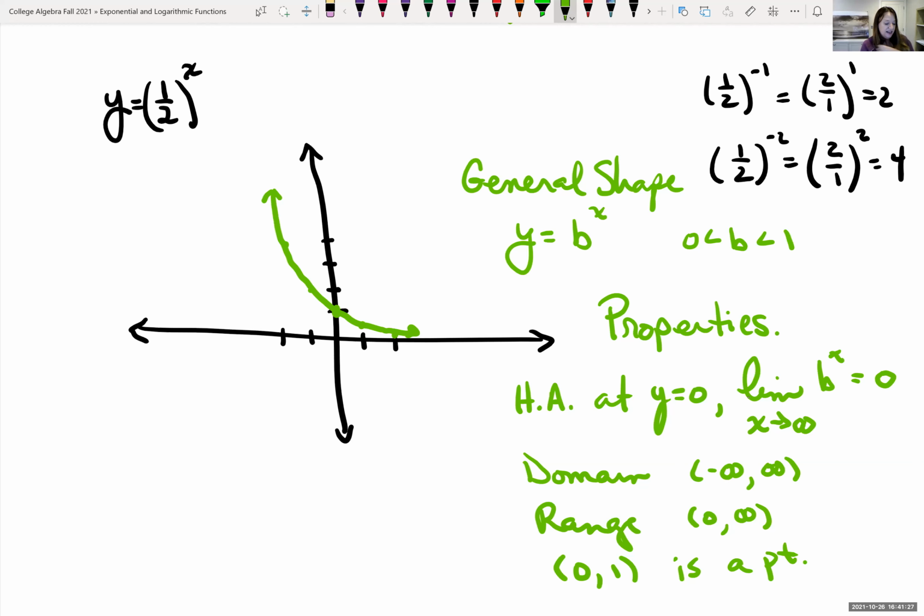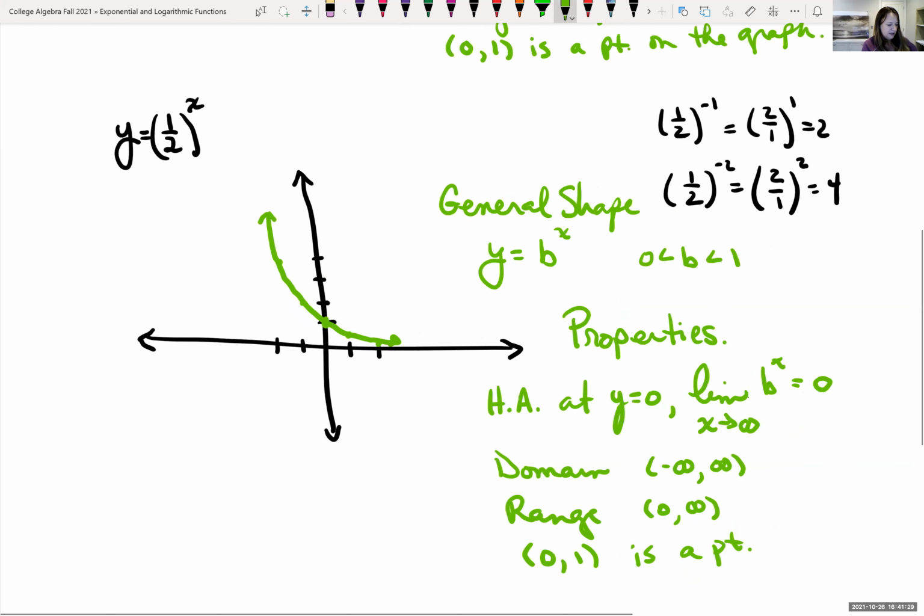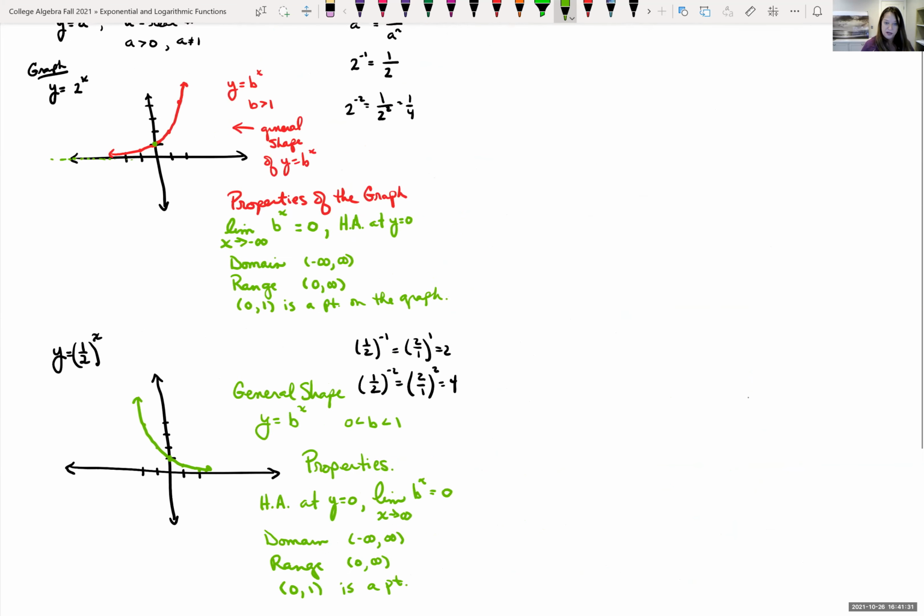In this case, and I forgot to mention it up here, if we look at increasing or decreasing, when our base is between 0 and 1, this is strictly decreasing.